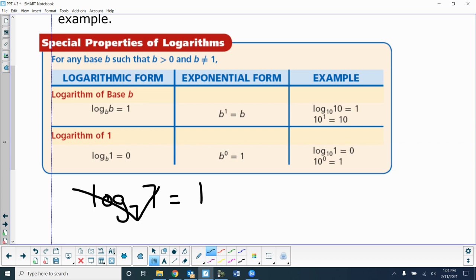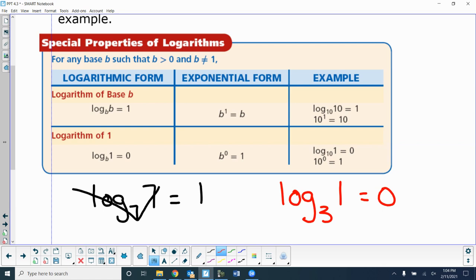So when the base and the number after the log are the same, the answer is 1. Whenever you have any base, let's say base 3, and the number after the log is 1, the answer is always 0, because you're thinking 3 to what power is 1? Any number to the 0 power is 1, so that's why the answer is 0.